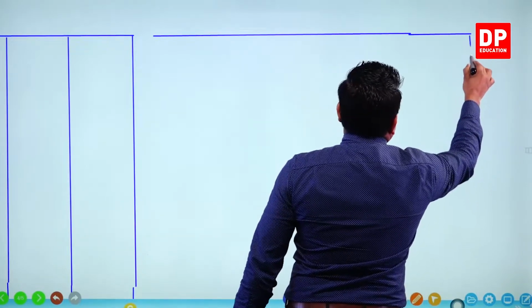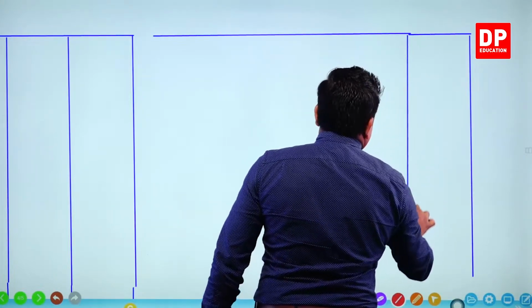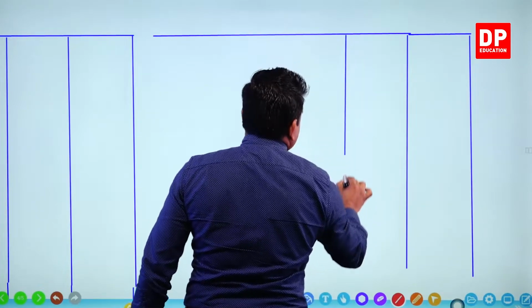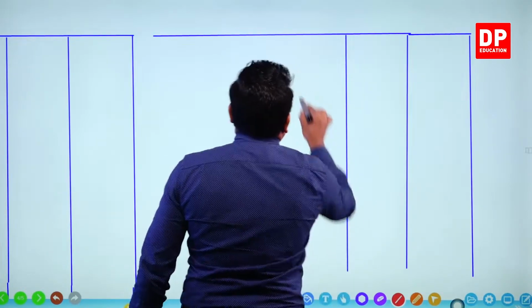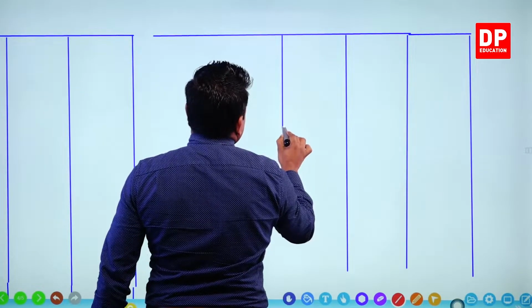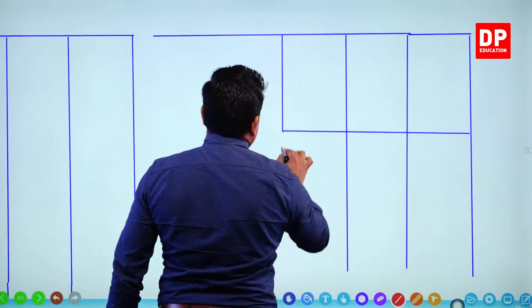Here also you can draw 3 columns, but last 2 columns we expand to down, but first column we stop in this place. Why?